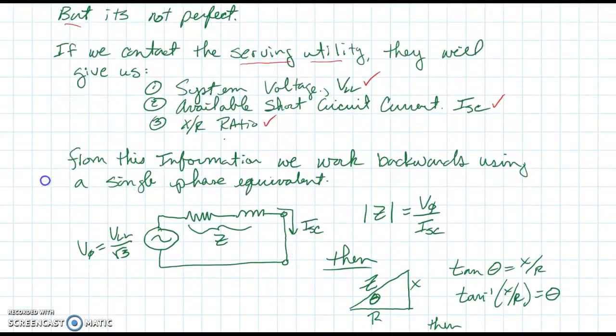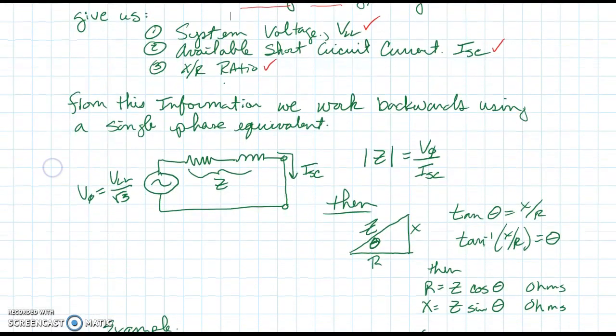From this information, we can work backwards using the single-phase equivalent model. When we're using the single-phase equivalent model, we have to convert the line-to-line voltage to the phase voltage. So we draw a real small system where we've got an R and an X, we'll call it R sys and X sys.